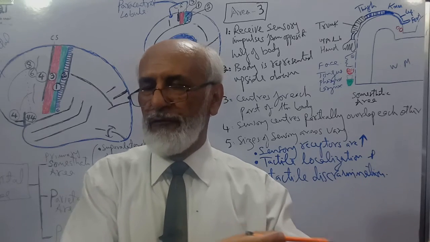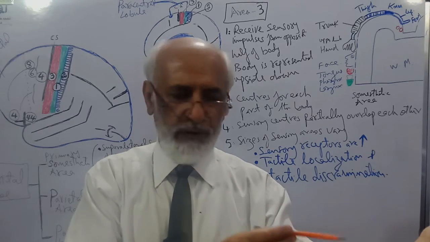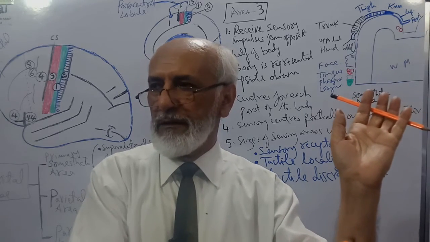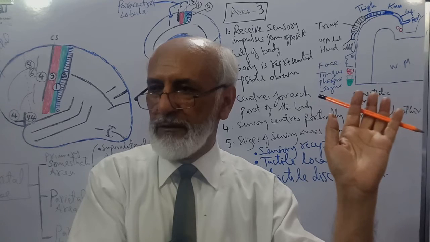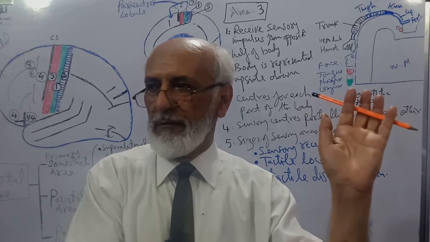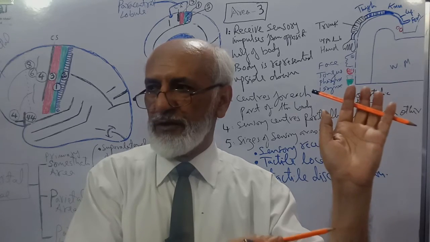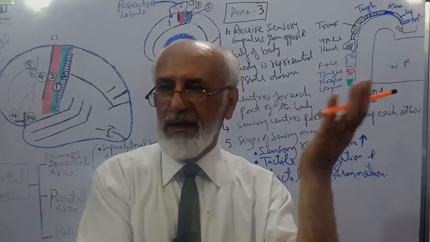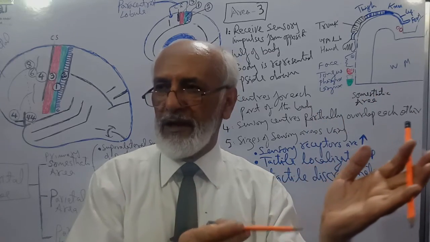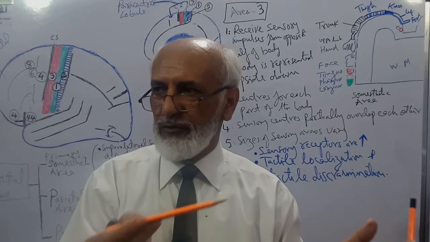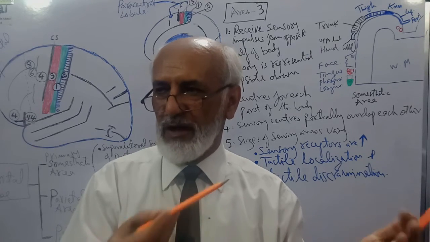If I touch this part, immediately with closed eyes, the normal person will say that the object is touching my forearm. Even he will be able to tell that it is touching the flexor surface of the forearm or the extensor surface of the forearm. This is called tactile localization, to locate the site of stimulus or application of an object.